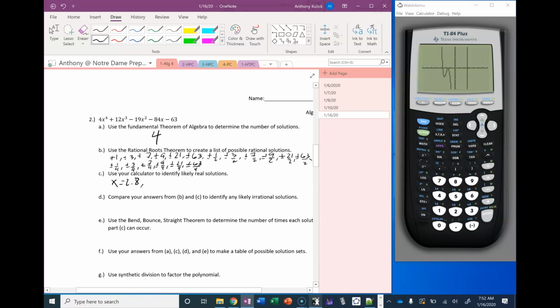So if you said 2.9 or 2.7 or 2.6, those are all reasonable, or anything kind of in between those is kind of okay. If you called it 3, that's probably not, because it's not going exactly through 3. We can definitely tell it's less than 3. If you called it like 2.5, that's probably not close enough. But somewhere in there, 2.6, 2.7, 2.8, 2.9 or so, it's fine. Everybody okay there?